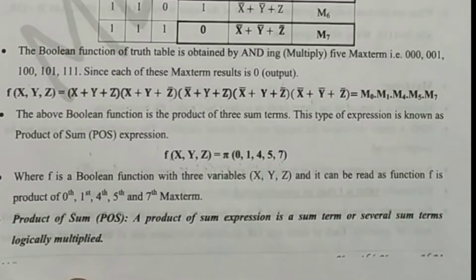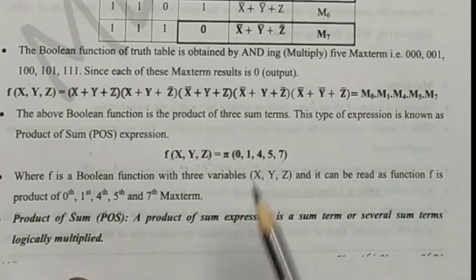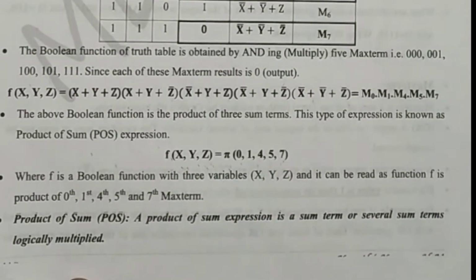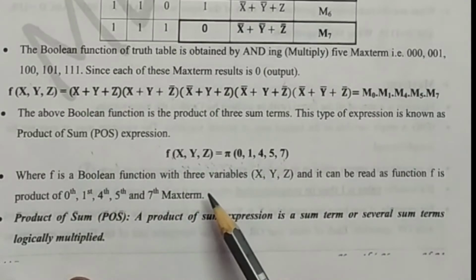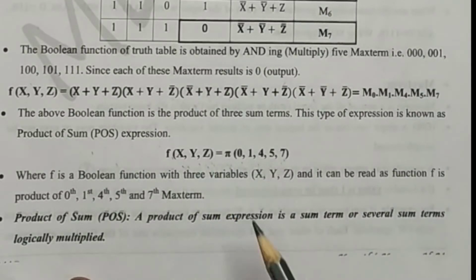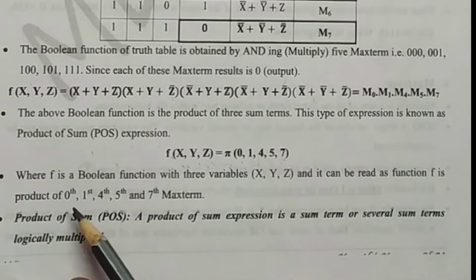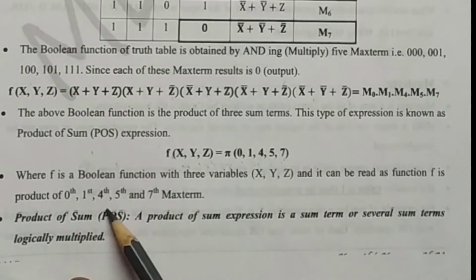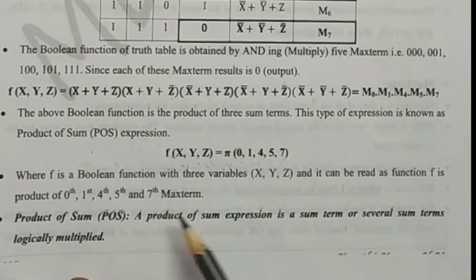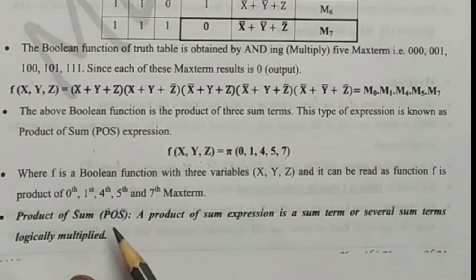So this is how the product of sum expression is represented, where f is a Boolean function with 3 variables, and it can be read as function f is the product of the 0th, 1st, 4th, 5th and 7th max terms. So we can define it as product of sum, POS.